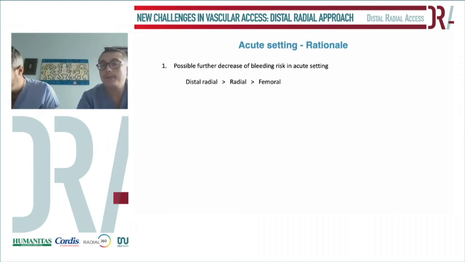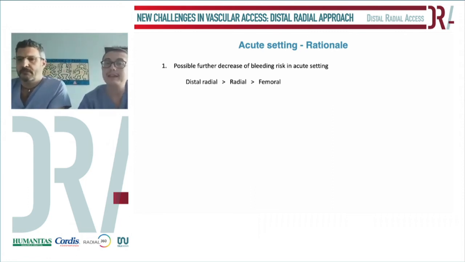The first one is the one that our audience already outlined: probably, we are not sure yet, but it's possible that distal radial may have less bleeding complication than standard radial, that surely has a lot less bleeding complication as compared with femoral. So this may be a good thing, especially in the acute setting.